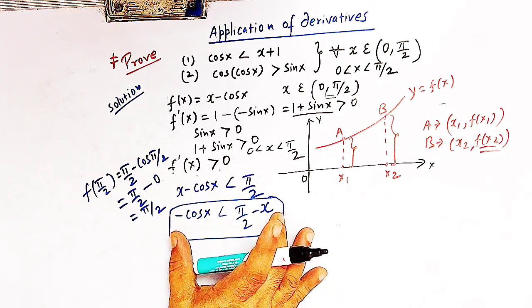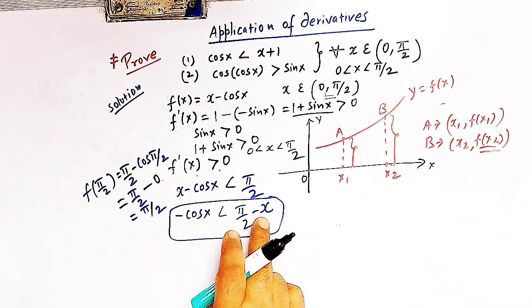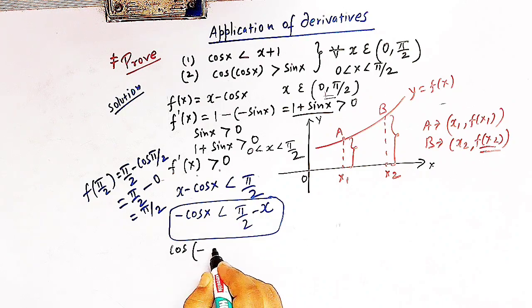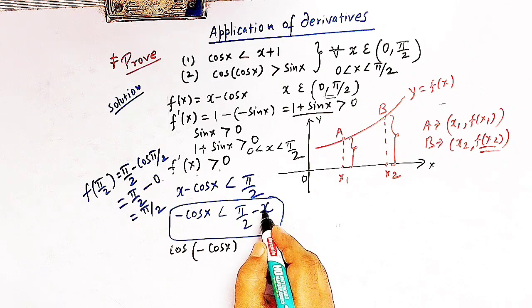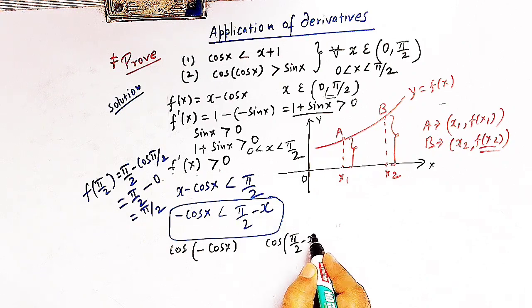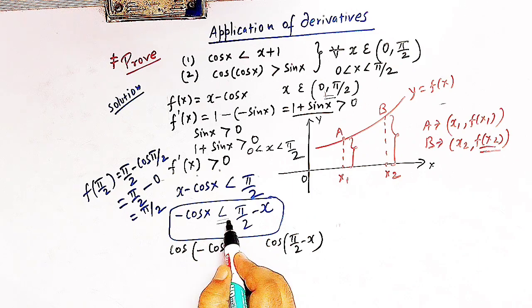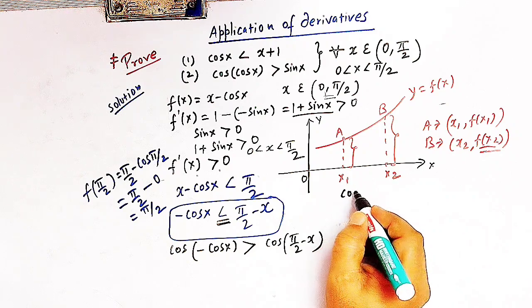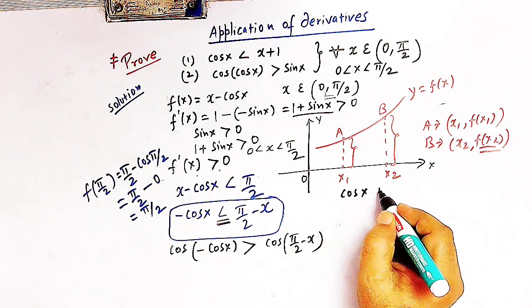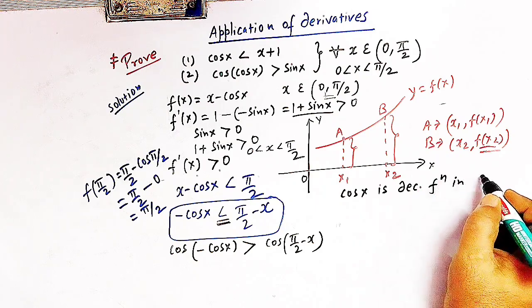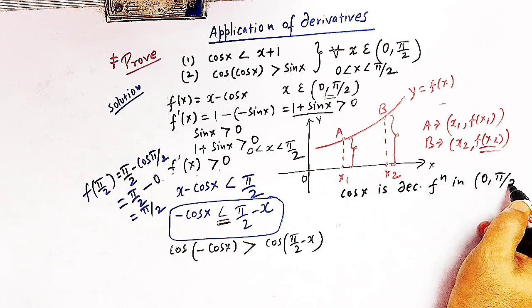So now let us take the cosine of both these sides. So we have cos of minus cos of x, and here we have cos of pi by 2 minus x, and here the direction of the inequality gets reversed, because the cosine function, that is cos of x, is a decreasing function in the interval that is 0 to pi by 2.